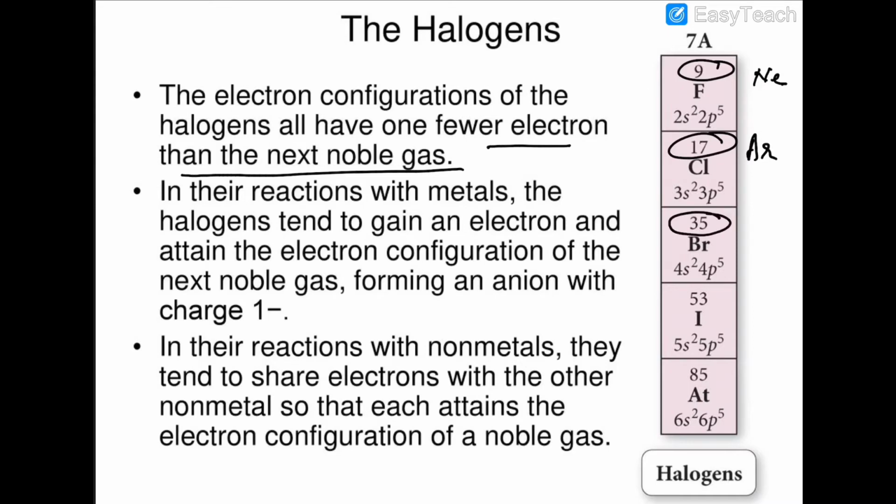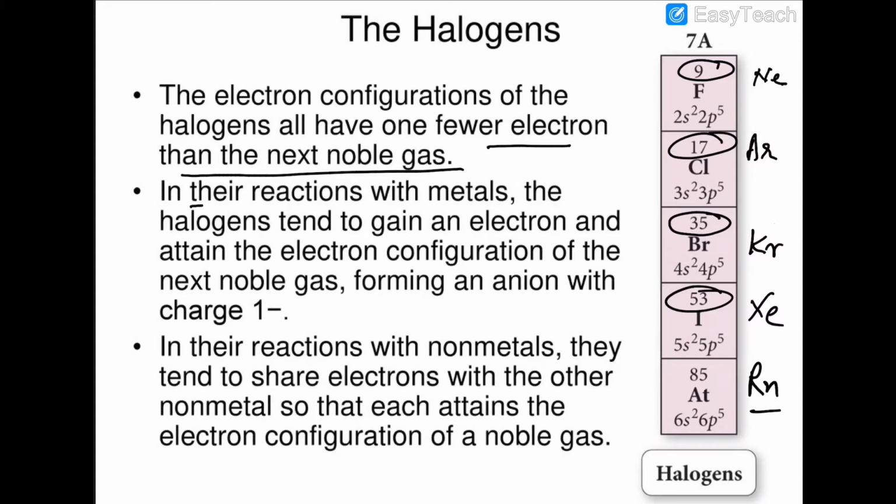For bromine, the next noble gas is krypton. For iodine, the next noble gas is xenon, and for astatine it is radon. So all of these halogens have one electron less than the next noble gas.